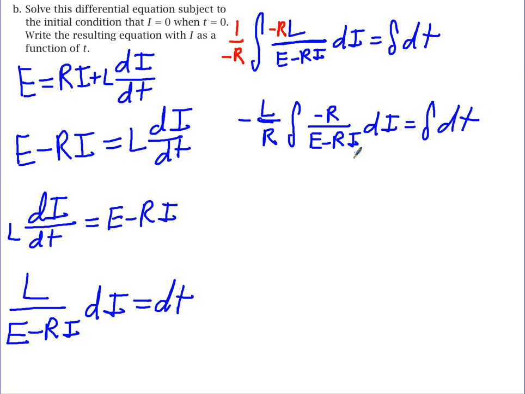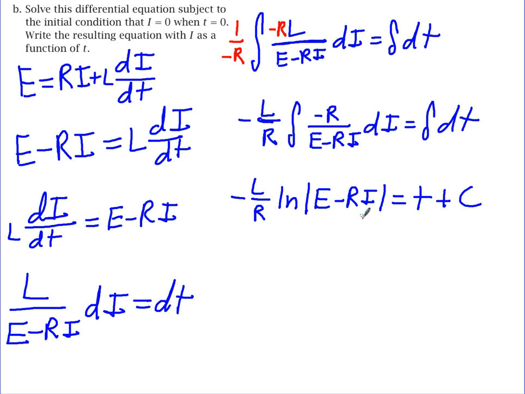Now we can write this as the natural log of the absolute value of E minus Ri. This bit up in front is a constant factor and just sticks around, so we get negative L over r times the natural log of E minus Ri. Don't forget the absolute value. And the integral of dt would be t plus c.